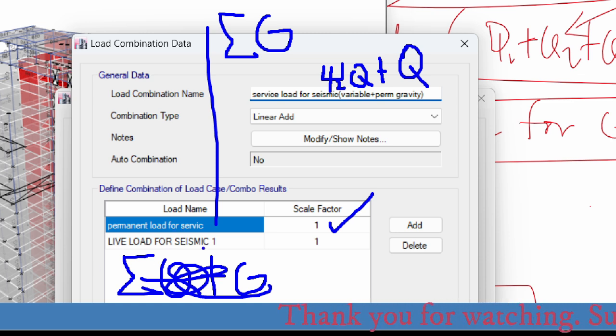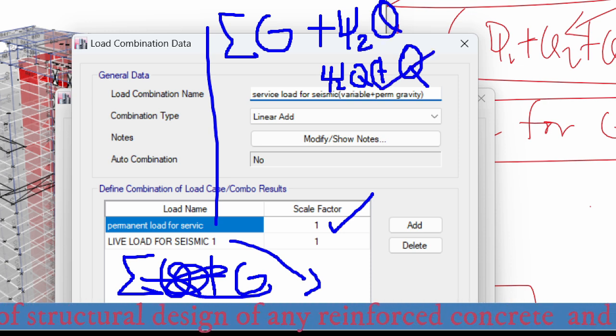And the live load for seismic meaning, this one, plus phi 2 times Q, this one. That means the reduction factor phi 2 multiplied with the variable loads.